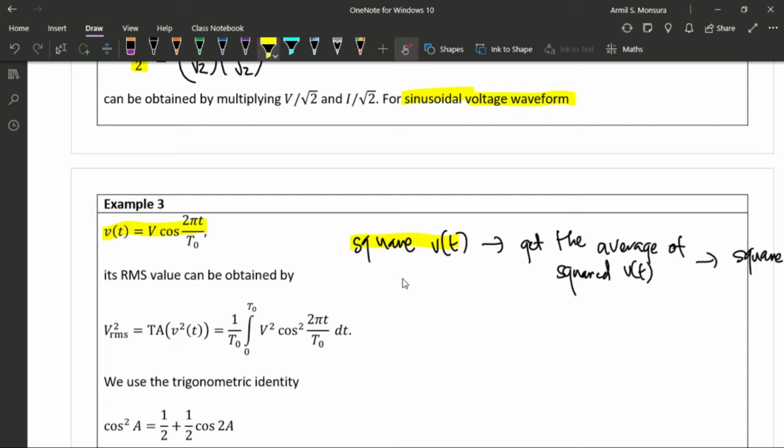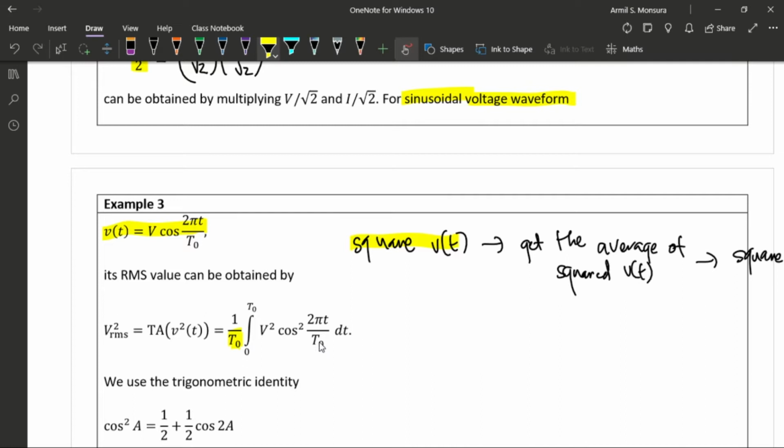So in getting the average, we won't mind that change in the periodicity or the change in the frequency of your waveform. We will still use the periodicity of your original waveform before it is squared. So that is what we will remember in finding the average of the squared waveform.